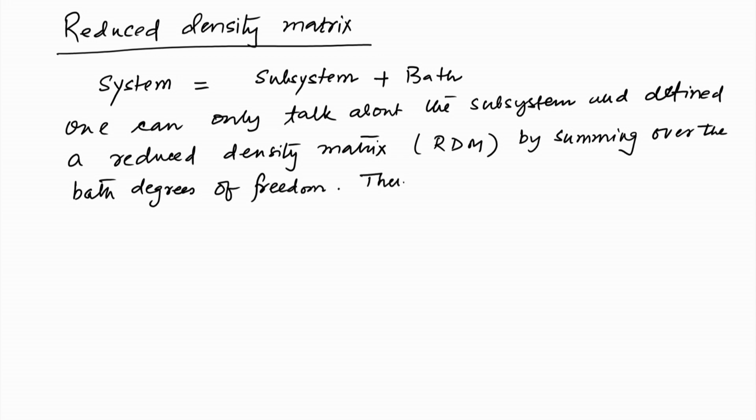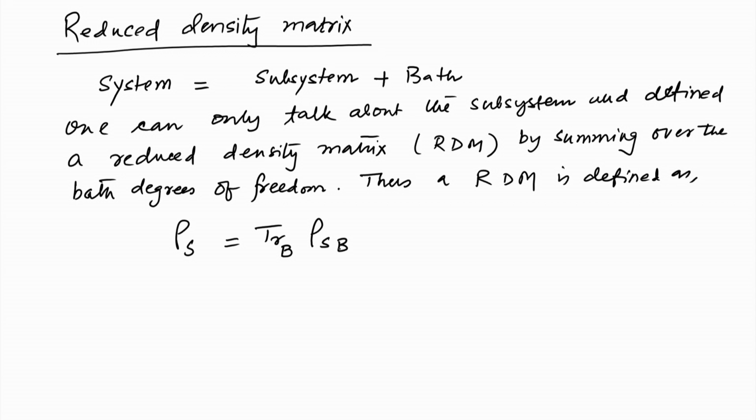So, thus the RDM is defined as rho S, that is the density matrix of only the system, and we do a sum over the bath. B stands for bath, S stands for system, and SB is the combined system and bath, the subsystem and the bath.